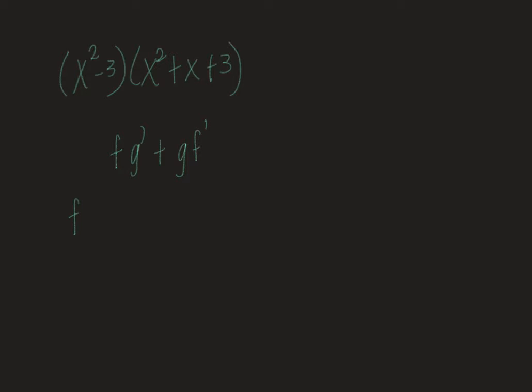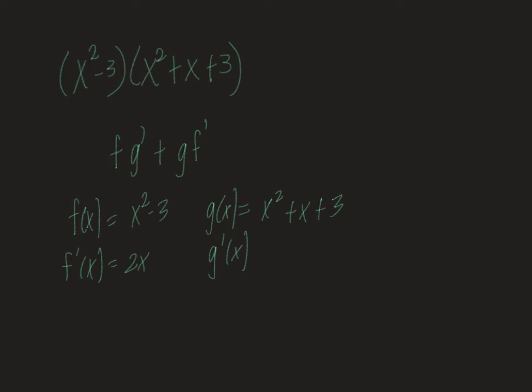So I'm going to label here too. So f of x is x squared minus 3. F prime is 2x. And then g of x is x squared plus x plus 3. And g prime is 2x plus 1.